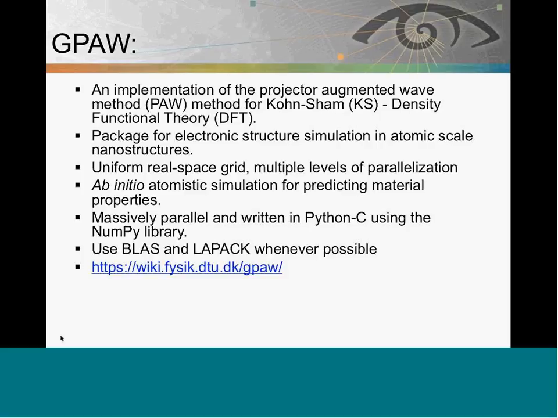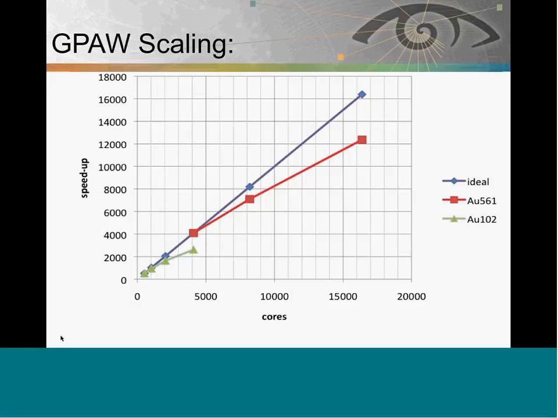When possible, it can use the multi-core architecture as well as the distributed architecture. Here is an example of how the GPAW package can scale. As you see, with the number of cores and the speedup, the linear speedup is in blue. It has different algorithms, and one of them scales really well.